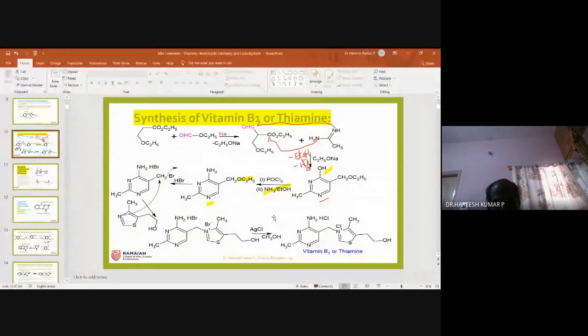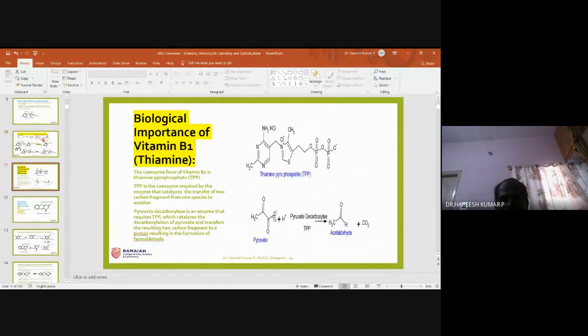Okay, now this is the biological importance. Maybe here you can write only a sentence. The sentence may be thiamine pyrophosphate. Thiamine pyrophosphate is a coenzyme, and the precursor is vitamin B1.